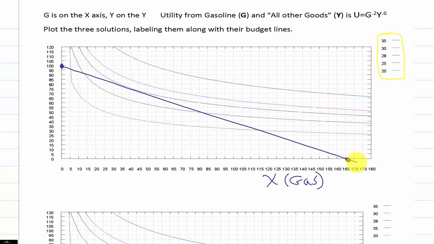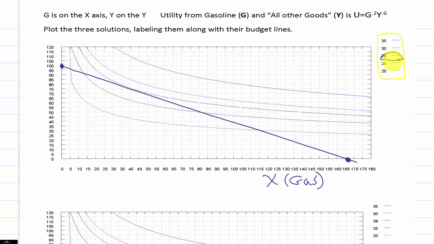So I drew the line, and it looks like it's a little bit too low. My ruler slipped a little bit, but nevertheless, we can see that this line is going to be tangent to an indifference curve right around in here. Now it should actually touch and even cross that indifference curve for 28 utils just a little bit. But again, my ruler slipped. Let's look at our solution.